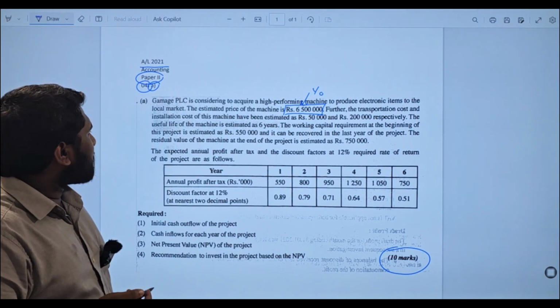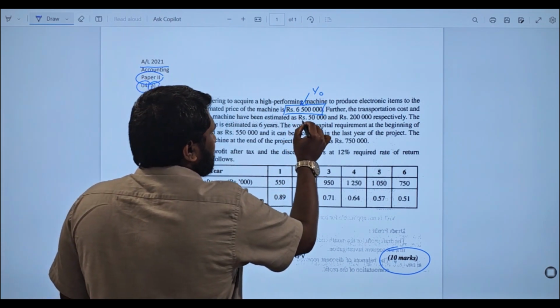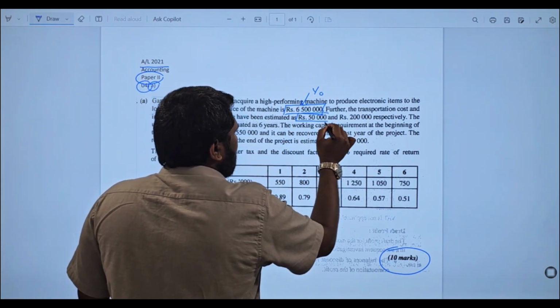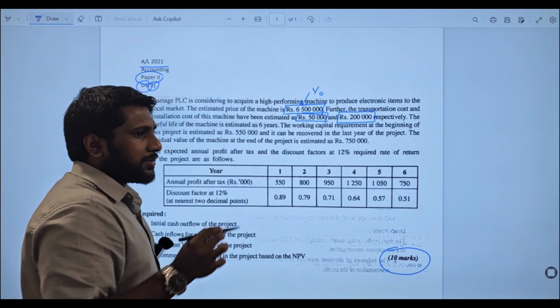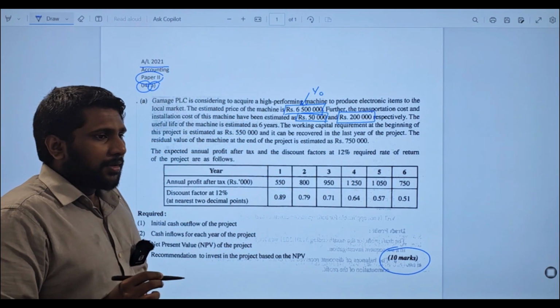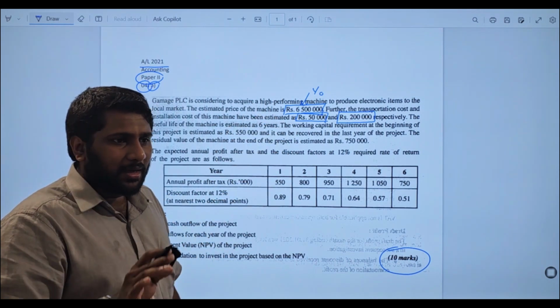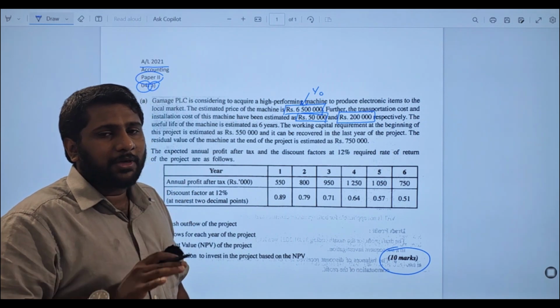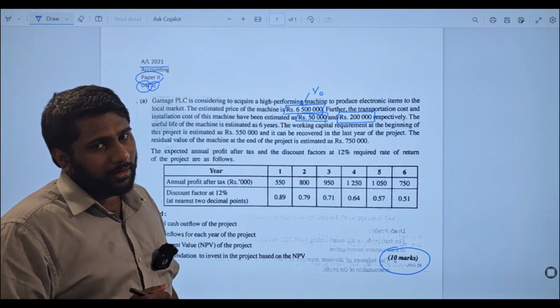Further, the transportation cost and the installation cost. Transportation cost is how much? 50,000. Installation cost is how much? 200,000. So ask yourself: are you going to incur this 50,000 and 200,000 because of the investment? Because of the investment means incremental or not.